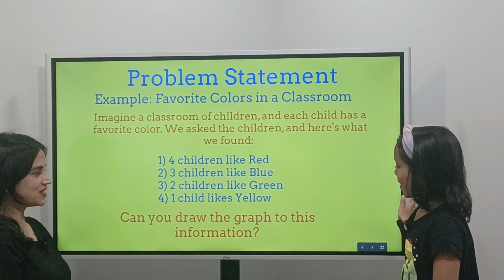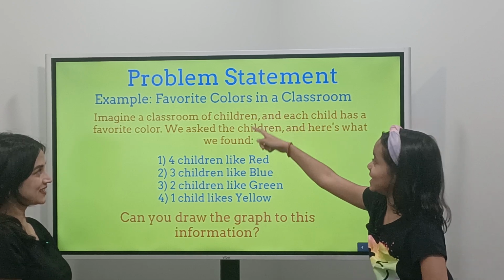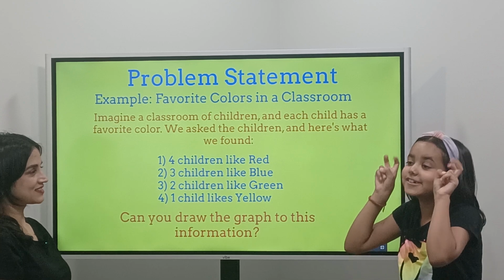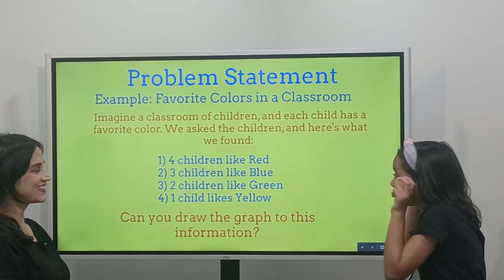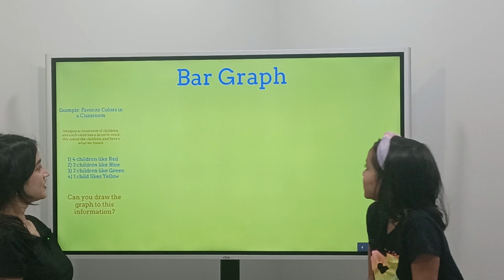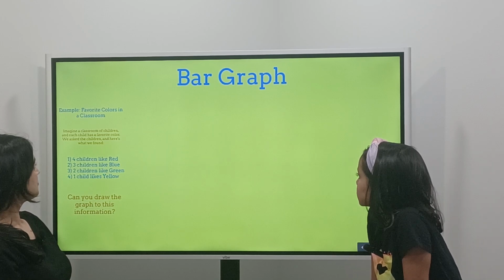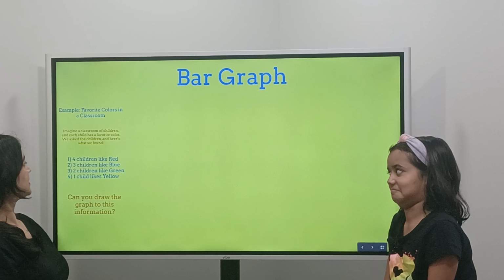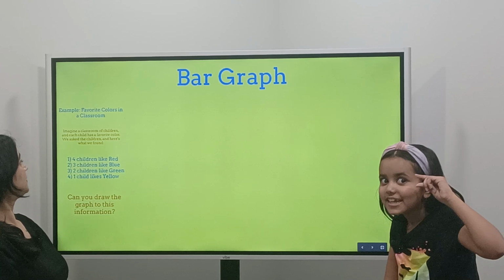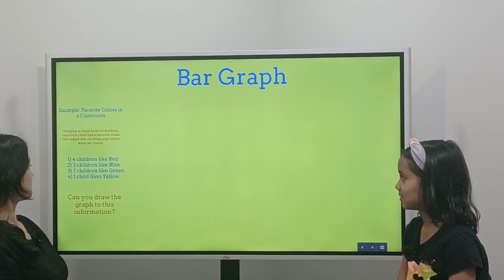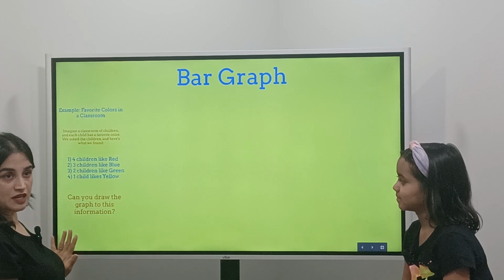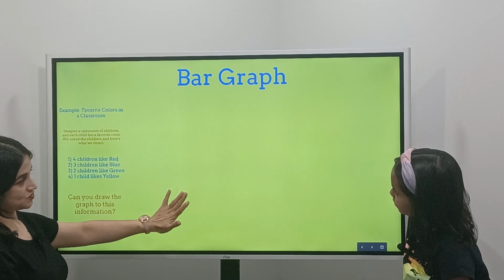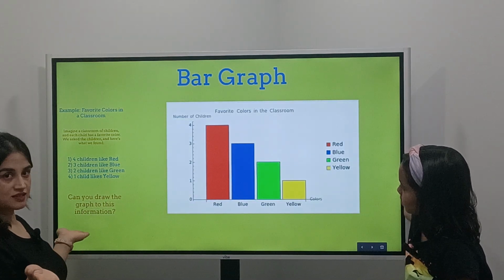So the graph is way easier, right? Example: the bar graph, favorite colors in a classroom. Imagine a classroom of children and each child has a favorite color. We asked the children and here are the results. Those are in the statement. Now we have to draw it in the graph, so it's going to be way easier.